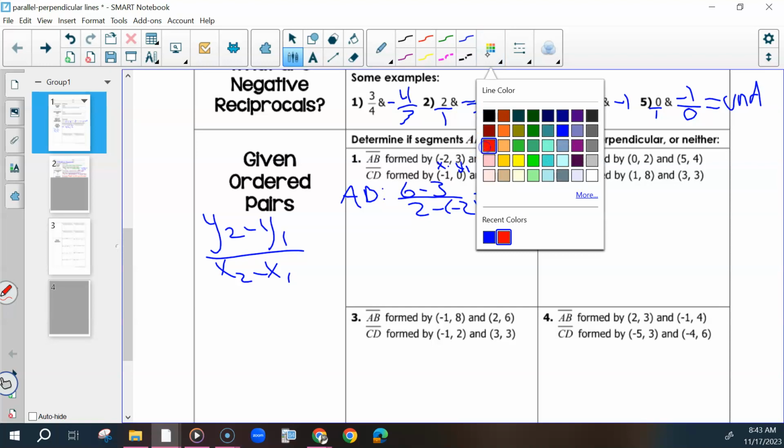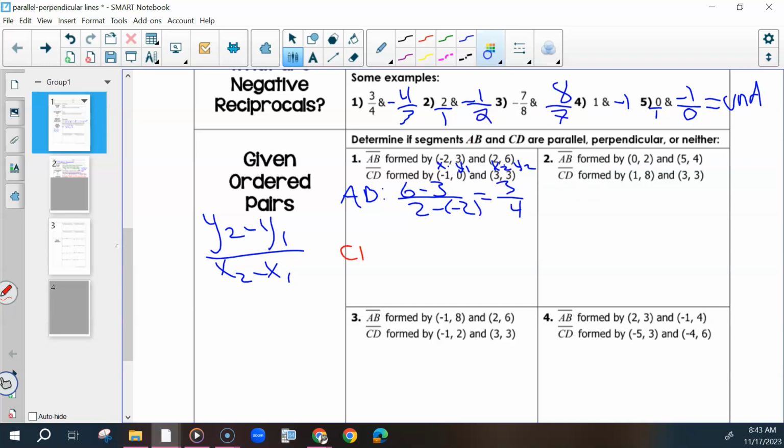Then we're going to do the same thing for CD. So that would be 3 minus 0 over 3 minus a negative 1. What would that slope be? 3/4.